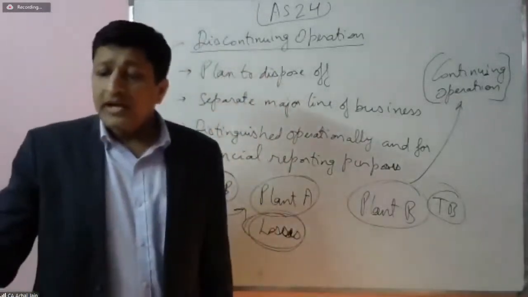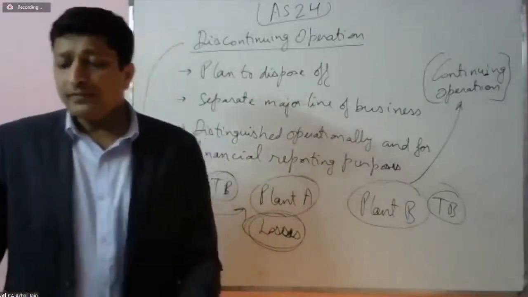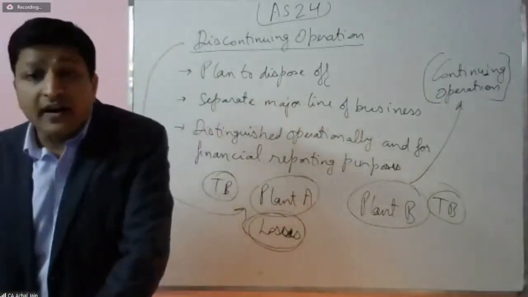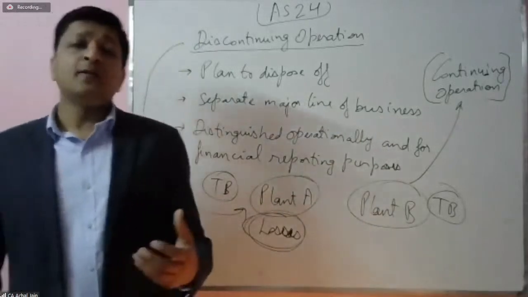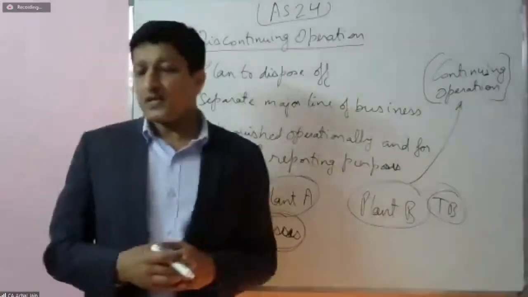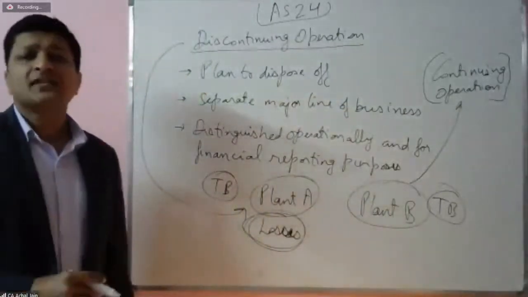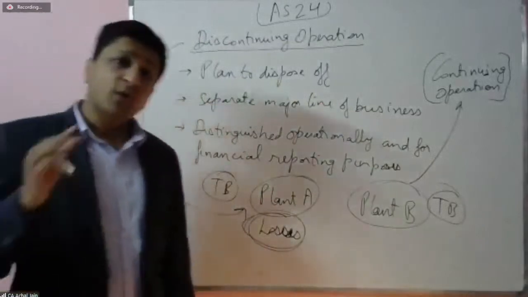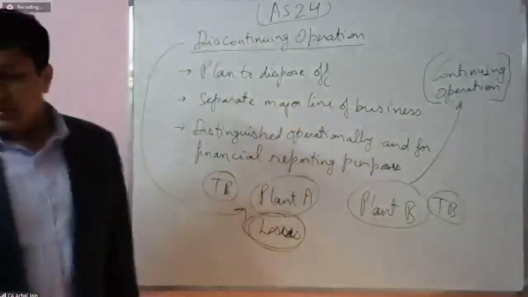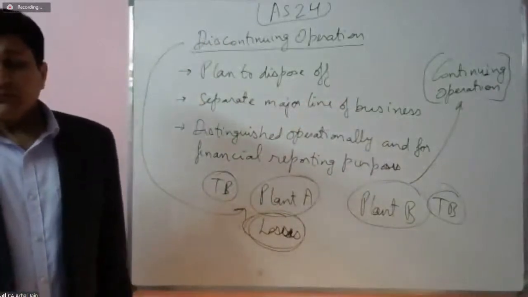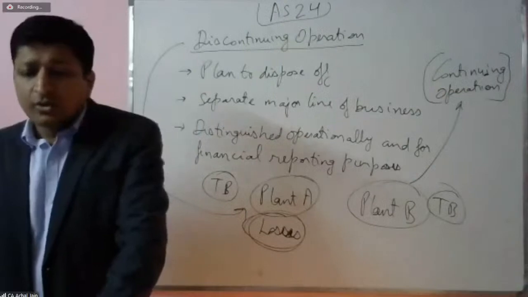As regards this discontinuing operation, there are certain criteria which are required to be considered by us. Only when those criteria are met, we can say an operation will become discontinuing operation, otherwise not. Now let's look at those activities or the criteria.